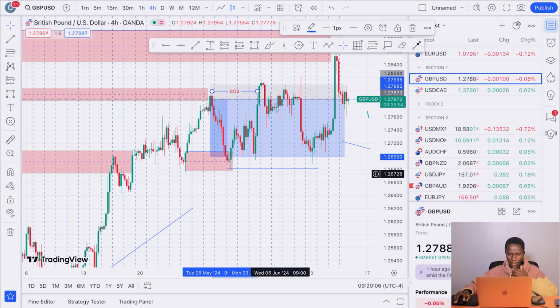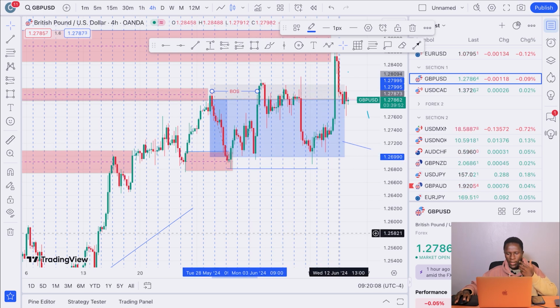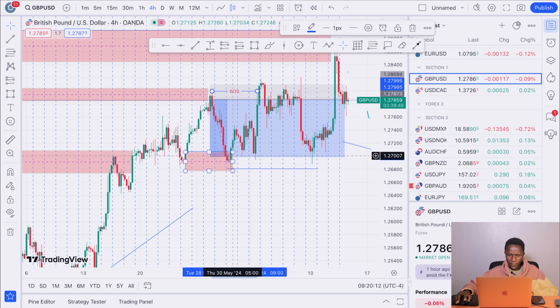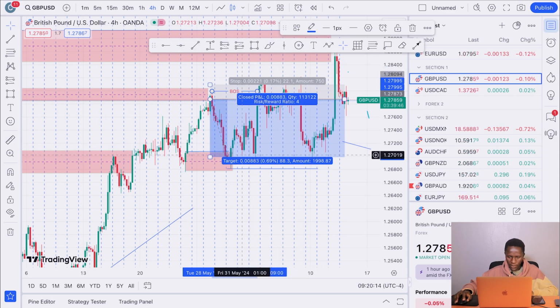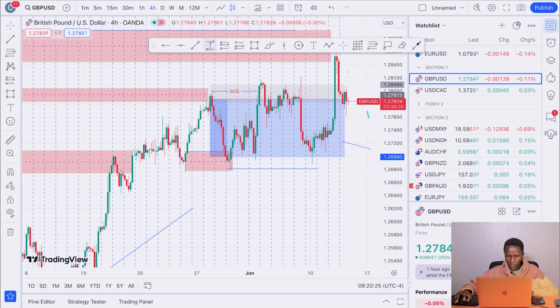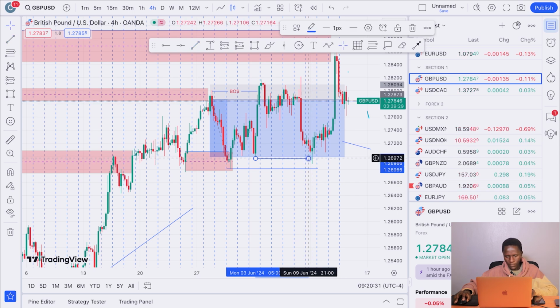So after breaking the structure, we expected, remember, this is our inducement here. Let me mark this. This was the inducement we had. It was broken, and this is the move that caused the break of structure.